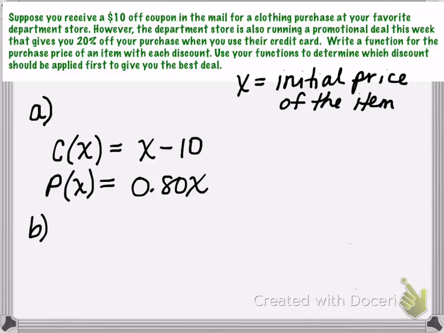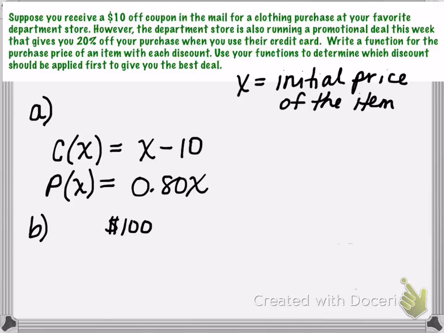And you initially might have a gut instinct here about which one you think you should apply first. And maybe you'd want to play with it with a number initially and choose a value and see if your instinct was right. For example, let's say we have a $100 item. This is not going to be my answer to part B, but just us thinking about what's going to happen.